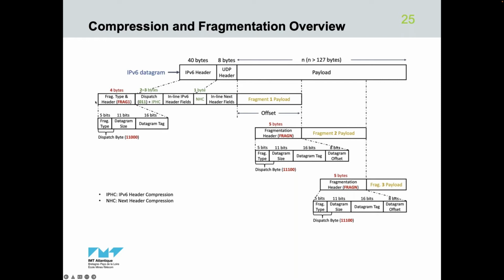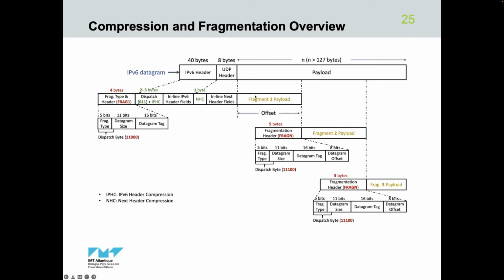So it represents that we have a fragmentation of an IPv6 datagram. And this is the first fragment because it starts with 11 and 3 zeros. 011 represents that this is a compressed IPv6. And then later, as we will see, there is another dispatch type that represents the next header compression. We are going to see this in detail.